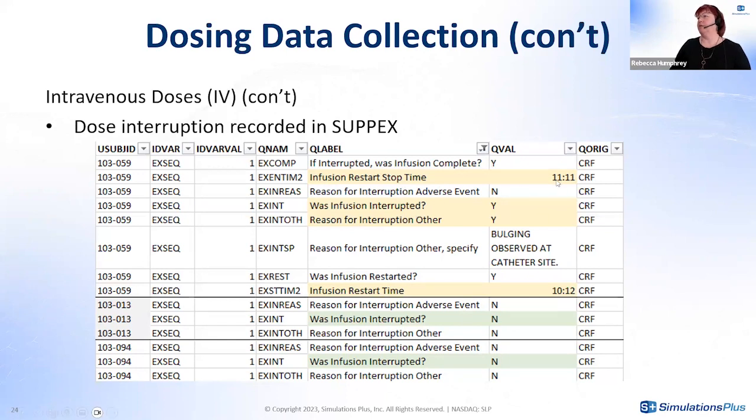You'll notice that this stop time does agree with the end time in the EX data set, but the start time in the EX data set was 10 o'clock and the restart time of the infusion was 10:12. From the data that was provided, we really don't know what happened between 10 o'clock and 10:12, if any dose was successfully administered or not.